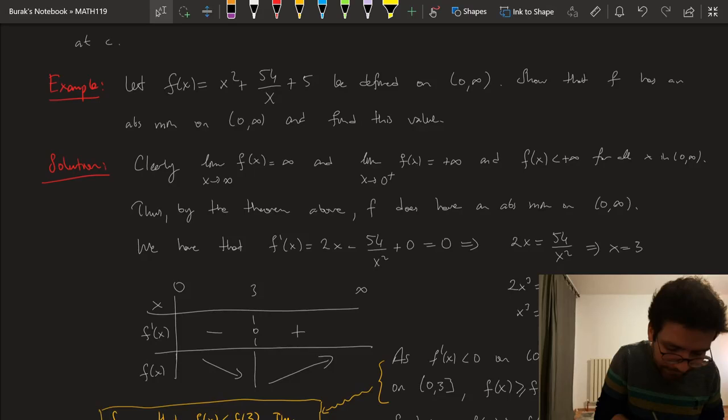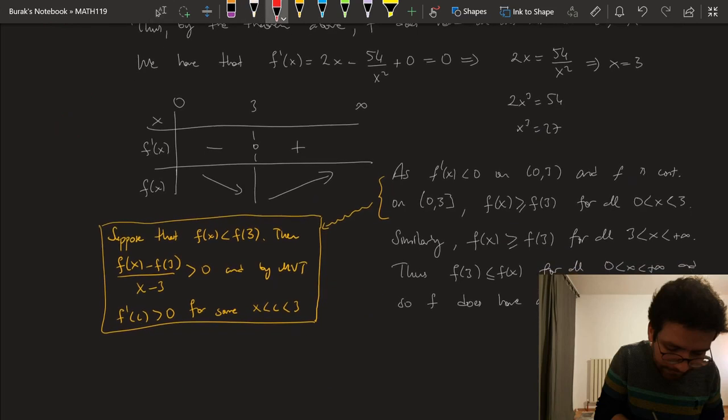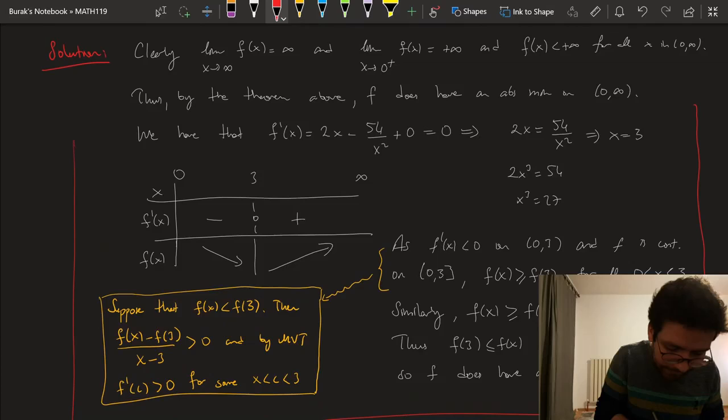So this part of the question would actually suffice, because it already proves that there is an absolute minimum by simply finding the absolute minimum.